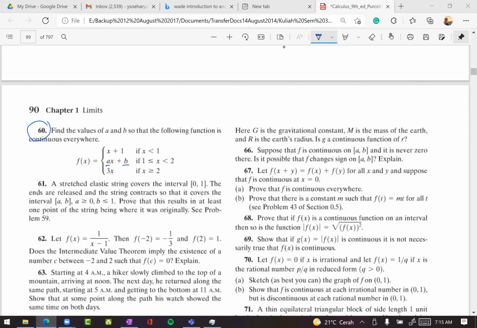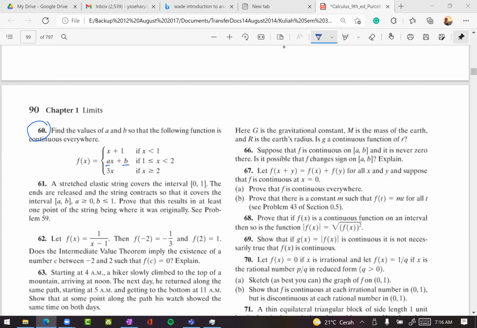Between 1 and 2, again, this is a polynomial for any a, any b, so again this is continuous. And to the right of 2, 3x is again a polynomial. So all three components are polynomials, and these are continuous. So the only problem is at 1 and 2, and those are the things we need to examine to determine a and b.